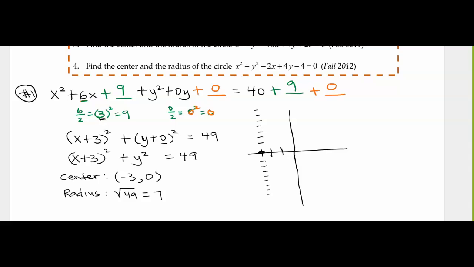And then 7. Maybe I need to make these a little bit shorter. This is going to get really big out there, so let's put these closer together.